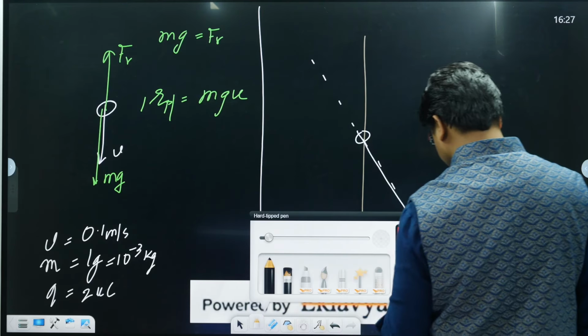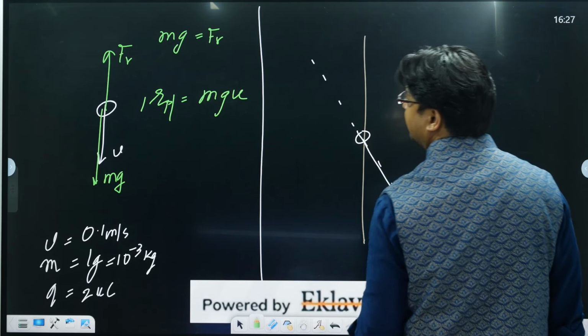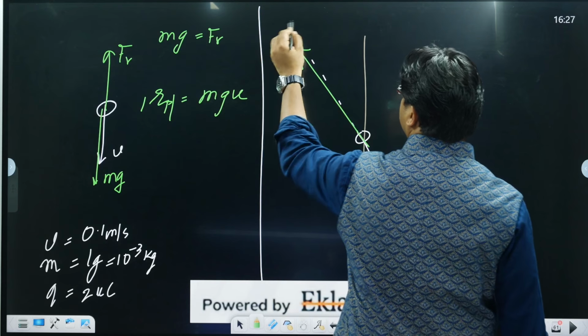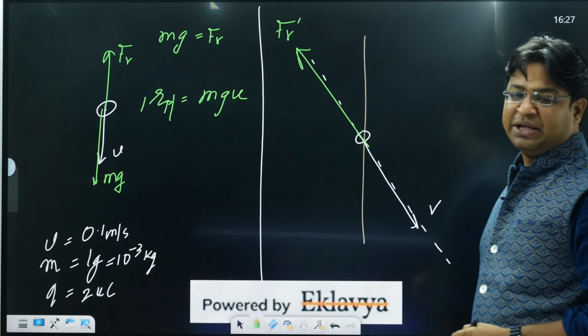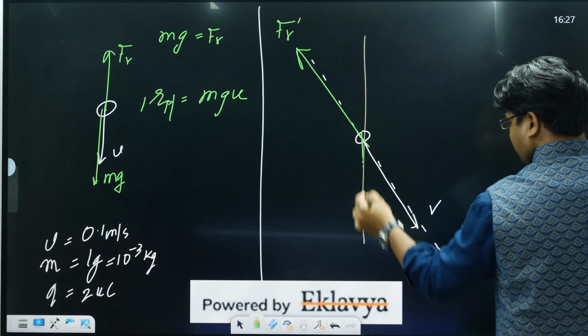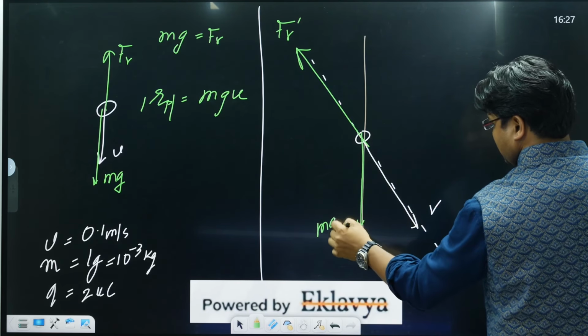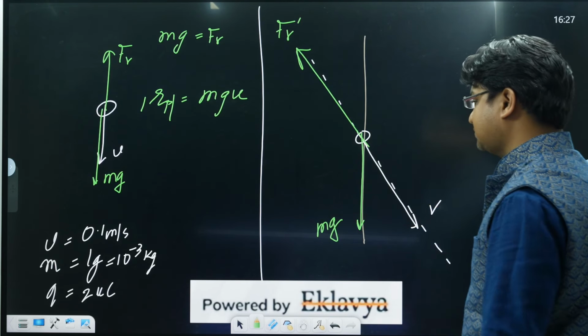Now the forces acting on the particle would be a viscous force which will be different from the previous one. Let me write it as Fv prime. The mg force will still be the same, there will be no change in the mg force.